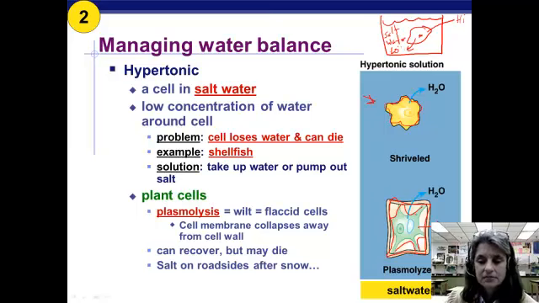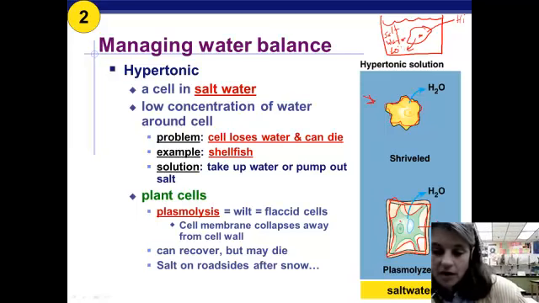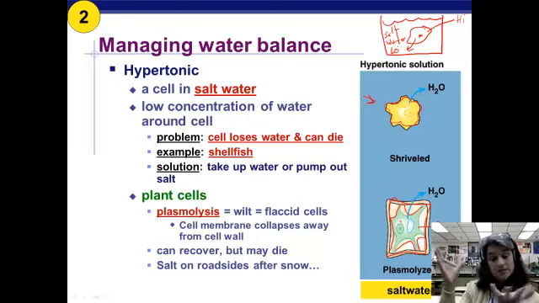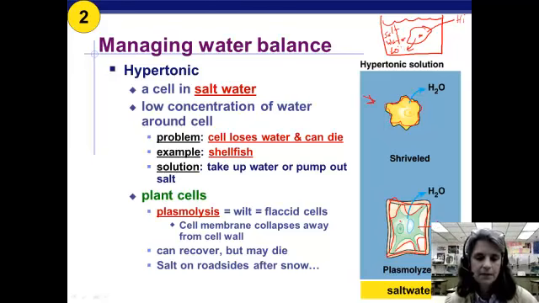The cell membrane simply collapses away from the cell wall, and the cell eventually will not be able to support itself, and that's when we see plants wilt and their cell walls begin to crush because the water balloon inside is not propping them up anymore. Now, plant cells can recover from this, but if it's not dealt with, of course they can die.